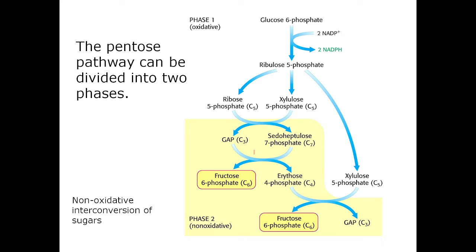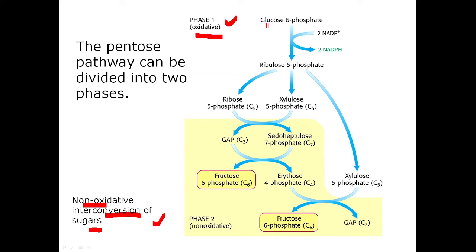So the pentose phosphate pathway is divided into two phases. We call them the oxidative phase and the non-oxidative phase. In the oxidative phase, some molecules get oxidized, whereas in the non-oxidative phase there is just interconversion of sugars.